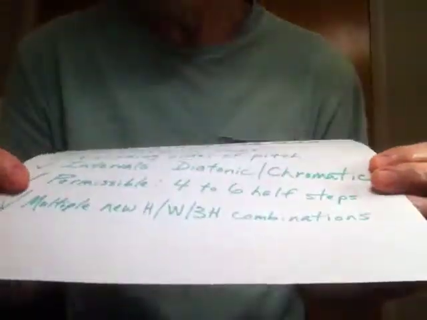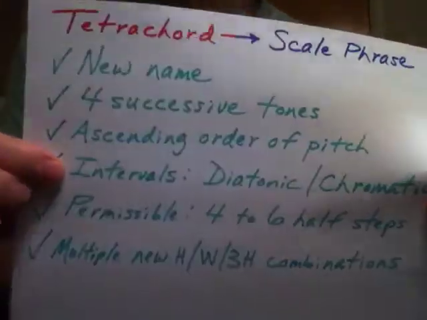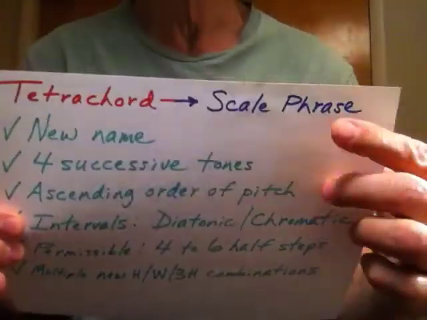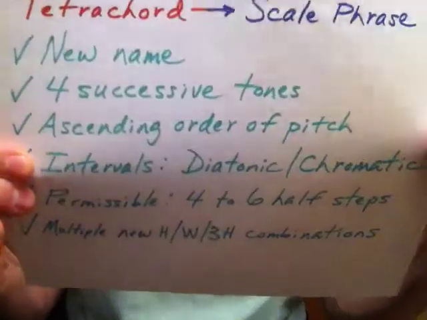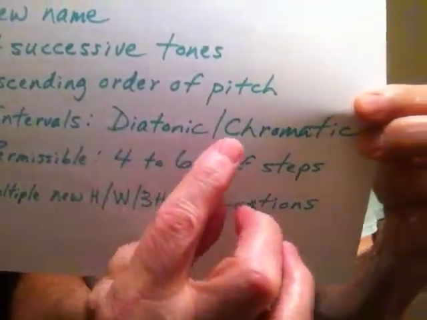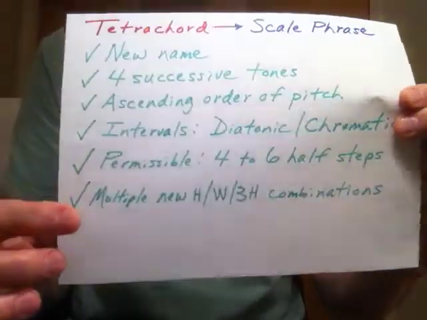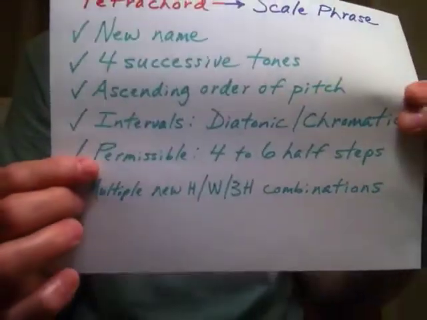And then the intervals that are preferred when you create and use your scale phrase are the diatonic and chromatic scheme of intervals, which I just showed, and then you have what's permissible.